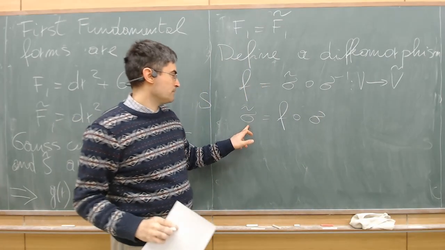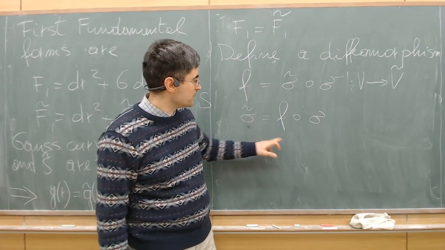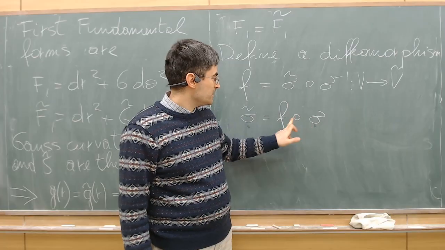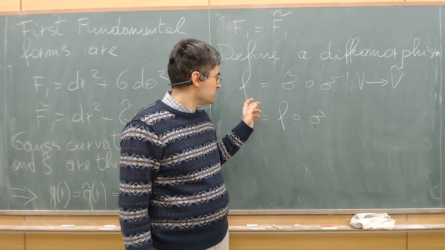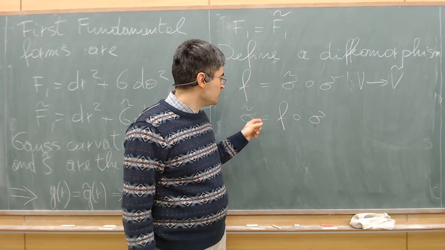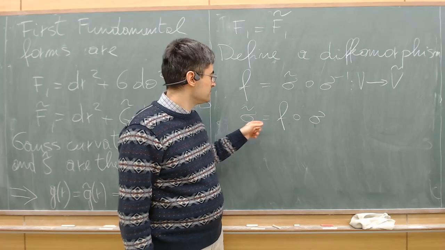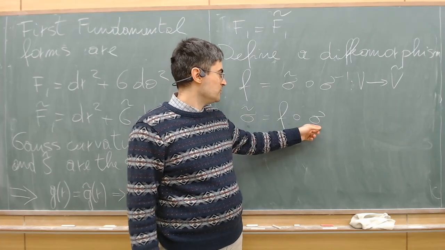Sigma tilde can be seen as a composition of sigma with F. So in other terms, you get the surface patch sigma tilde by composing the surface patch sigma with F.